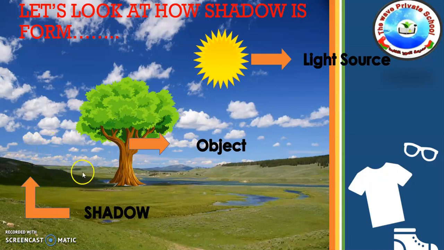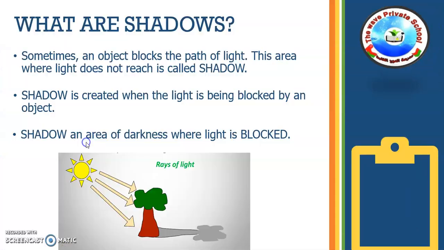And this dark area here, this is what we call a shadow. So therefore, a shadow is formed when the light source is being blocked by an object. Did you understand? Hope you do understand.